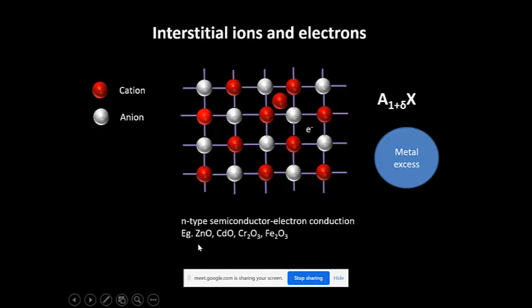Zinc oxide, cadmium oxide, Cr2O3, and Fe2O3 usually have this kind of interstitial ion defect, and there is an interstitial electron also.